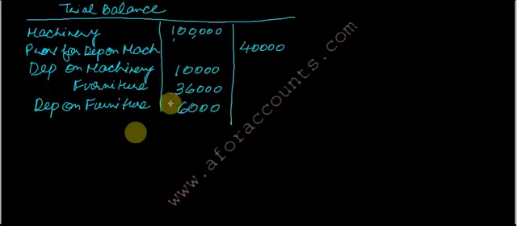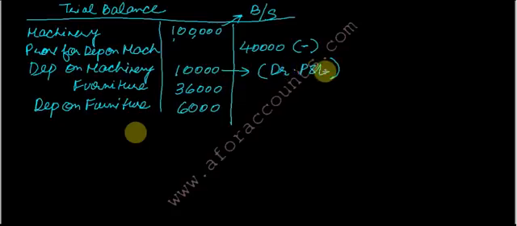Now just tell me, what will you do with the amounts? Machinery account will go to the balance sheet in the inner column. Okay, what will I do with the provision for depreciation on machinery? I will subtract this amount from the amount of the machinery. Depreciation on machinery 10,000: I will just take it and debit it to the P&L account.